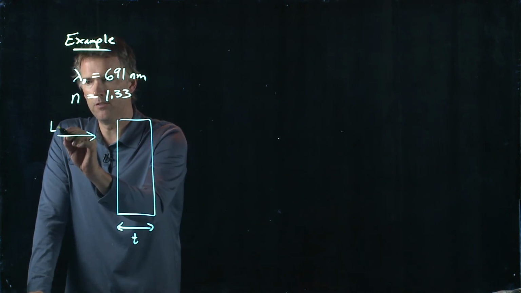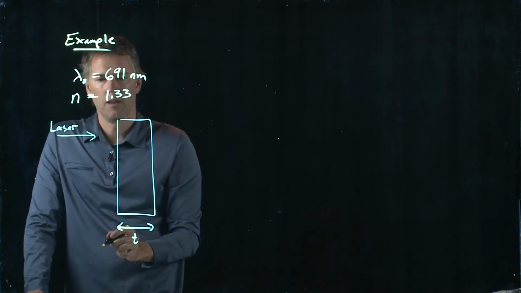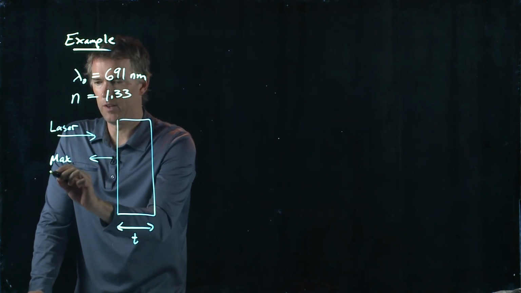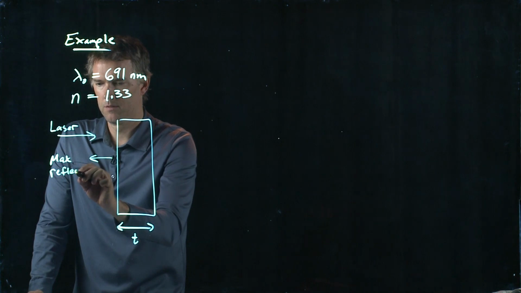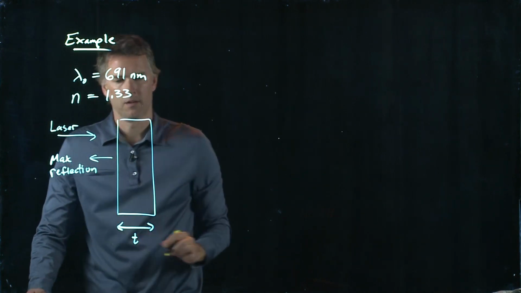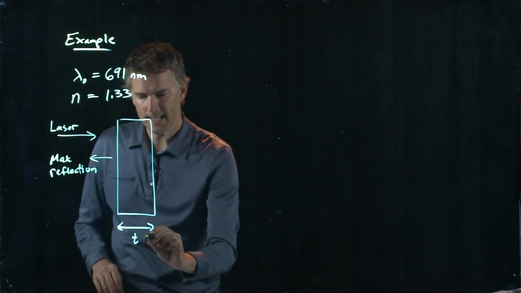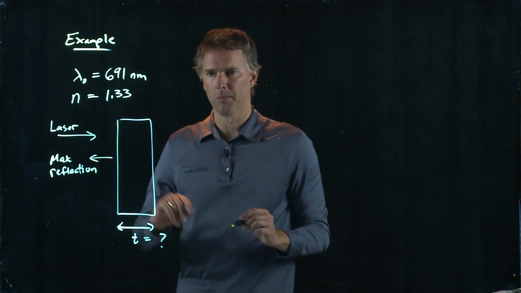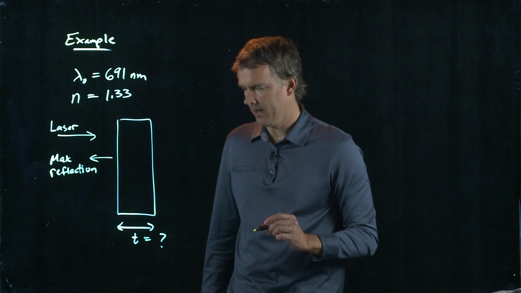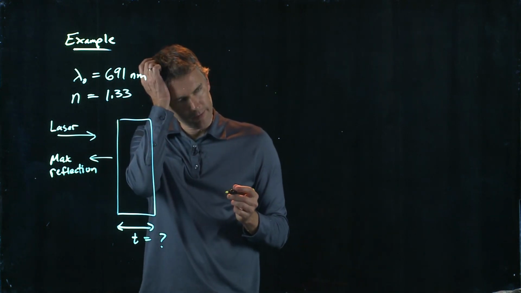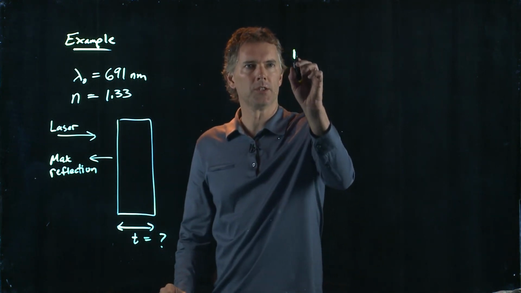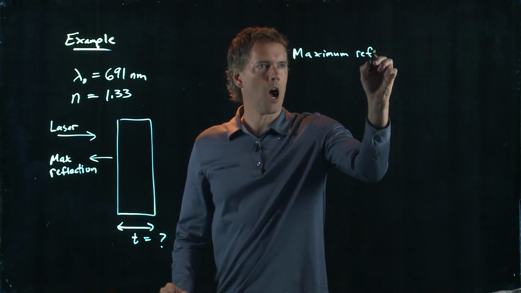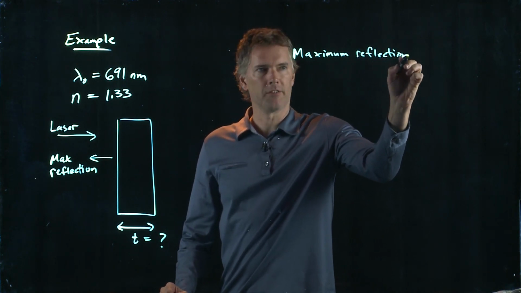So here comes our laser, and we want to get maximum reflection. And let's ask the question, what T do we need to use to get maximum reflection? Okay, so we go back to our equation for maximum reflection. That's the constructive interference case.